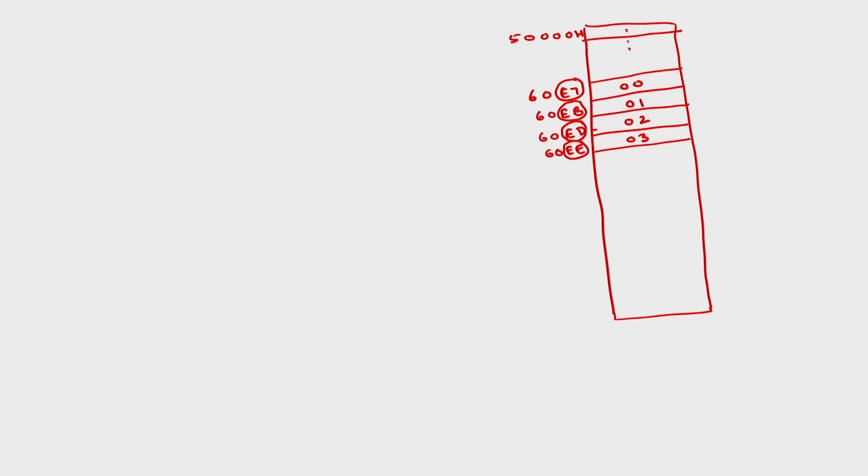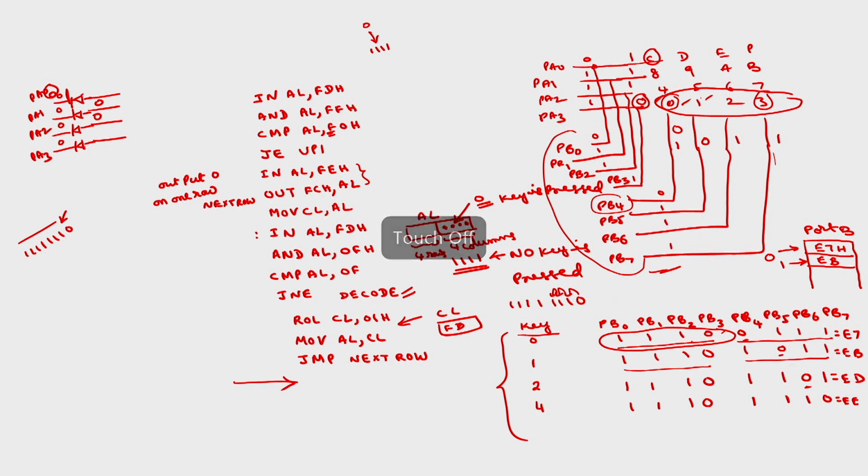Finally, I want to read this data into accumulator AL. Similarly, 0 4 6 0, the code corresponding to 4. For 4, this sequence will be: PB2 should be 0, remaining all should be 1s. So 4 is here, so this bit should be 0, remaining all will be 1s. This bit is connected to PB2.